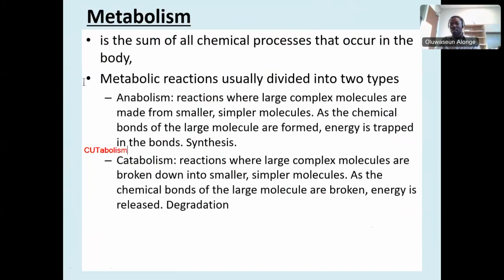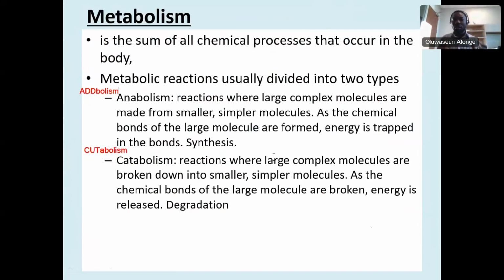Then we have the second part, anabolism. And I also call this adbolism. All right. Now, don't call it adbolism when your professor asks you on the exam. It's just my way of saying don't forget it. Now, it's simply to add smaller molecules together, which we call monomers, to form polymers.